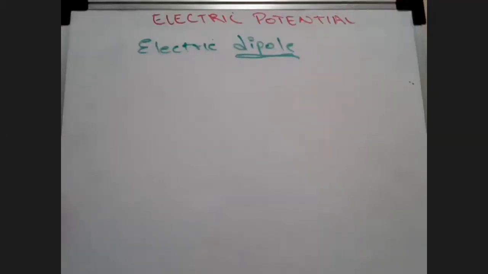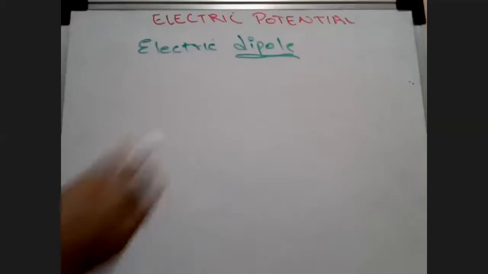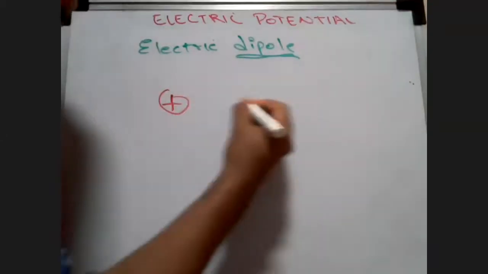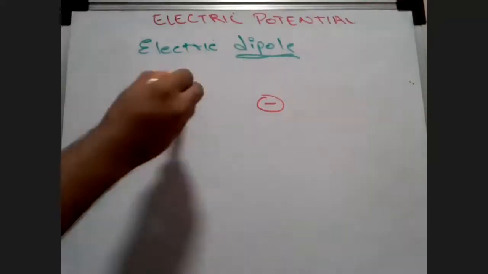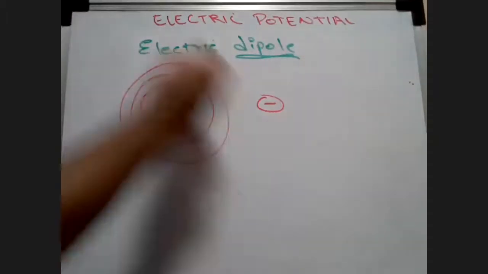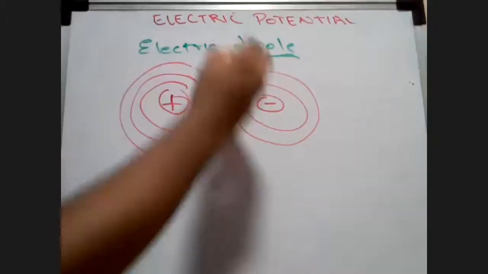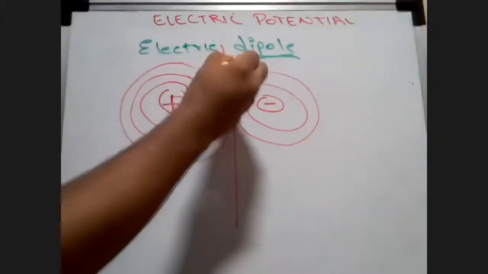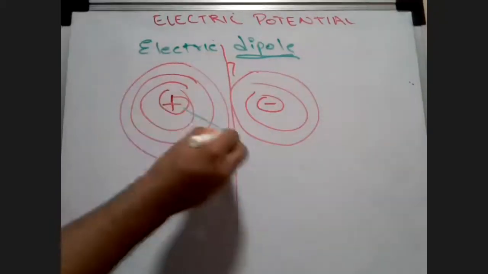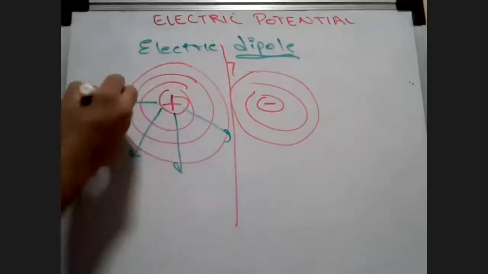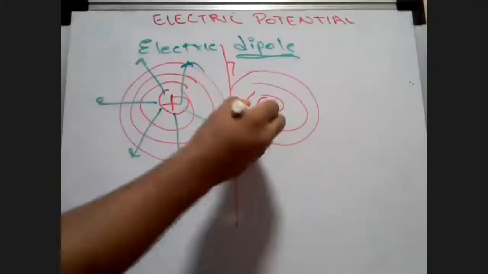When you bring two equal and opposite charges together, you are forming a dipole. In the previous lecture we found that the equipotential surfaces for the dipole will be in such a way, and there will be a line right in between which is basically perpendicular, with electric field lines emerging in this direction.